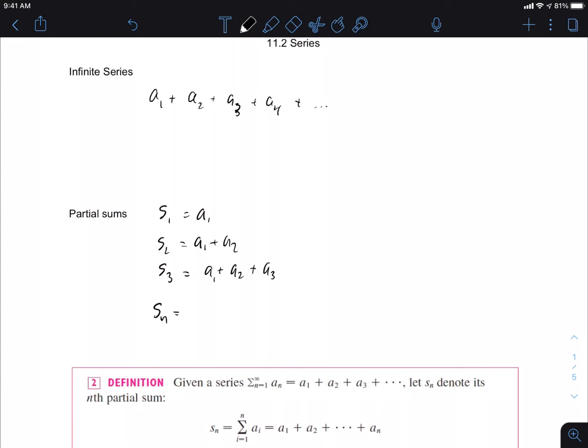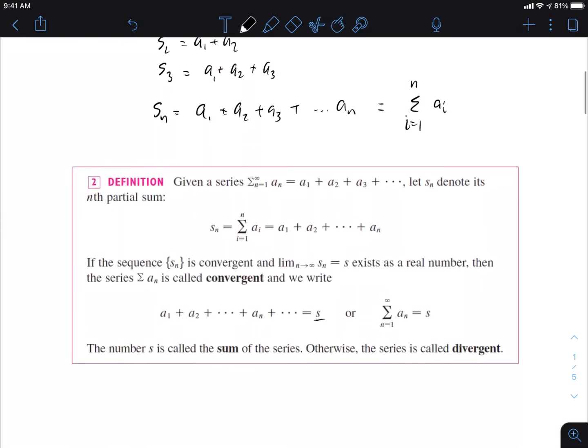So when we get to S sub n, it's going to be A sub 1 plus A sub 2 plus A sub 3 plus all the way to A sub n. And we can write that with our sigma notation going from 1 to n of A sub i. It's something that we've seen in the past, so it's nothing new, but that's the notation that we use.